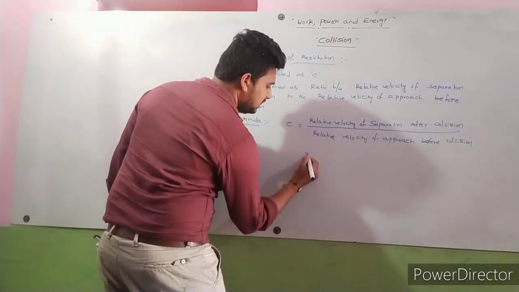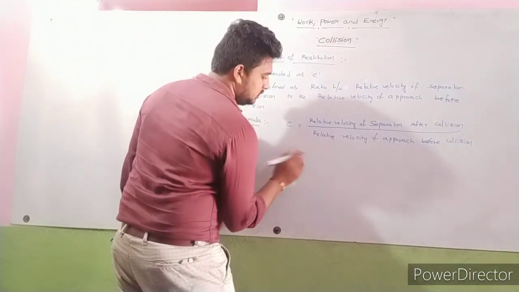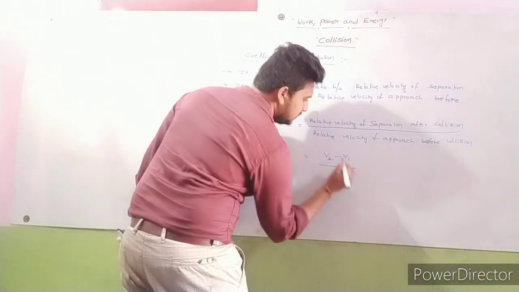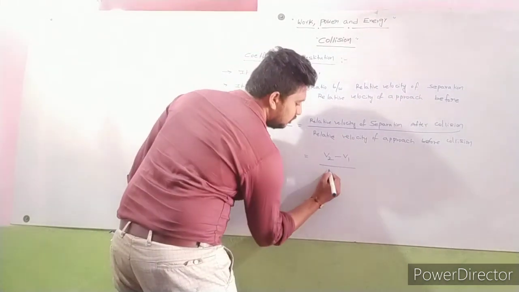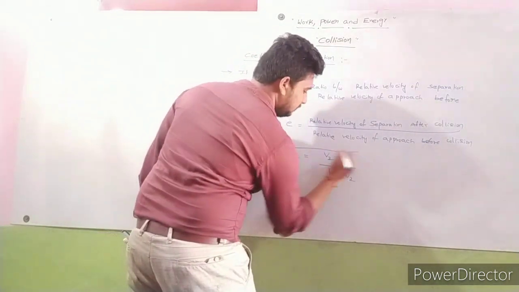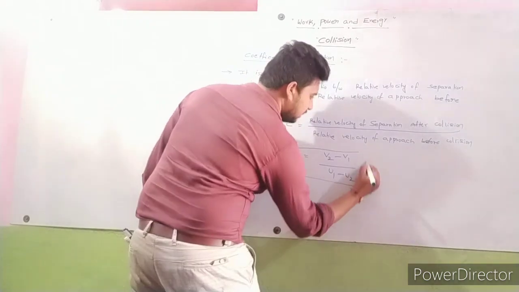Relative velocity of separation after collision means V2 minus V1, and relative velocity of approach before collision means U1 minus U2. So E is equal to V2 minus V1 by U1 minus U2.